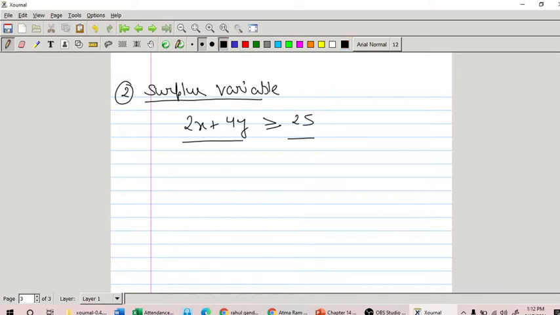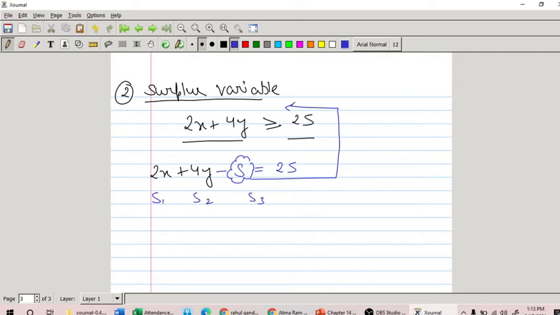So the new equation is 2x plus 4y minus s is equal to 25. This s is your surplus variable. We will mark them as S1, S2, S3 depending on the number of greater than or equal to constraints we have. Similarly, we will do so for the slack variables also.